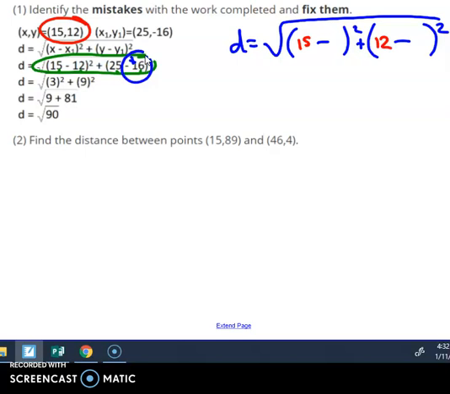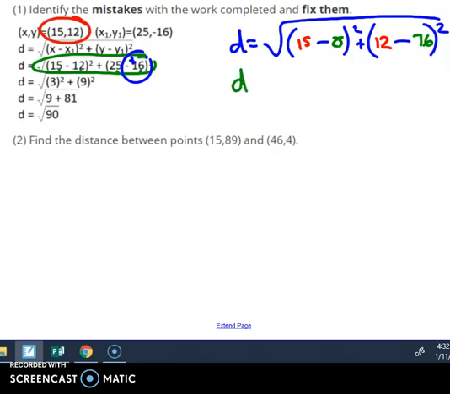And then the other ordered pair, 25 and negative 16, will be the second numbers. I'm always aware that the order is important, and if you start switching the numbers around in terms of order, you change the sign. For example, 3 minus 5 and 5 minus 3 both give you an answer of 2, but one's positive, one's negative. So you have to make sure you're doing this in the correct order.